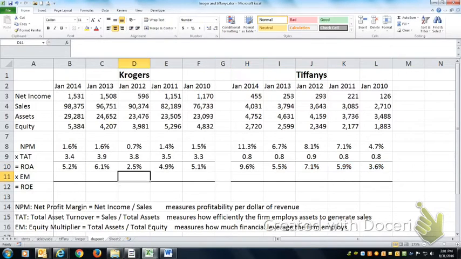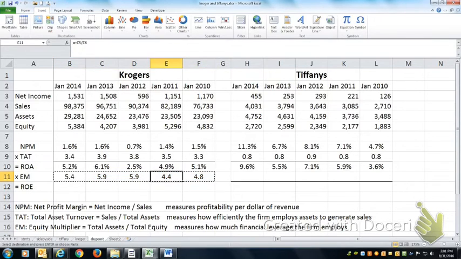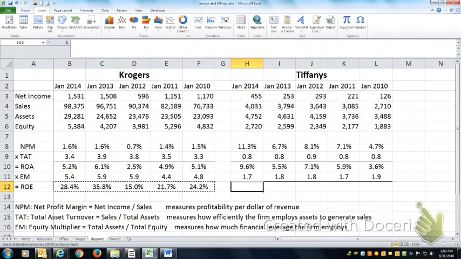All right, now we get to the equity multiplier. That's the assets per dollar of equity. And we see Kroger doesn't have a lot of equity relative to its assets, but Tiffany's does. So the Tiffany's assets per dollar of equity is much lower than the Kroger's. So when we multiply the return on assets times the equity multiplier, we can see that for every dollar that the shareholders provide to Kroger, Kroger earns 20 some odd cents every year, okay?